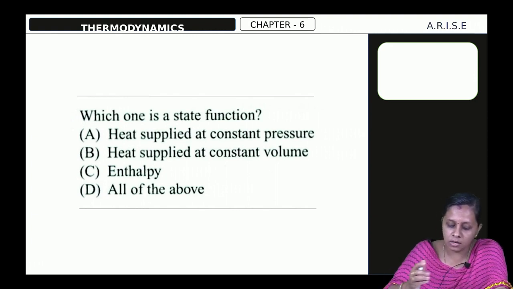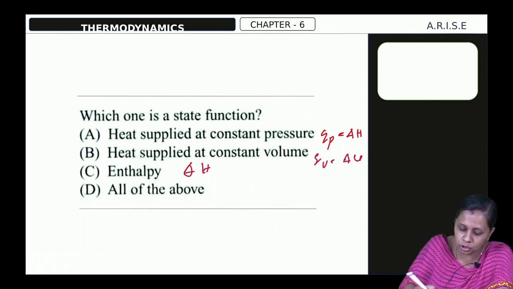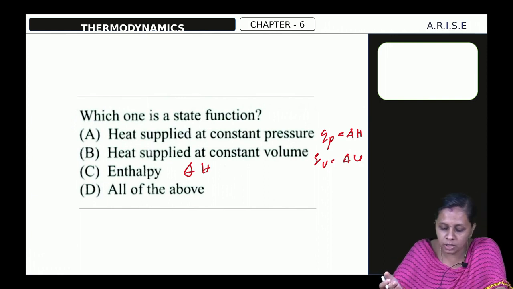Heat supplied at constant pressure, that is Qp is equal to delta H. Heat supplied at constant volume, Qv is equal to delta U, and enthalpy, delta H. All are state functions. Internal energy, delta U, and enthalpy, delta H, are all state functions. Work and heat are examples of path functions.